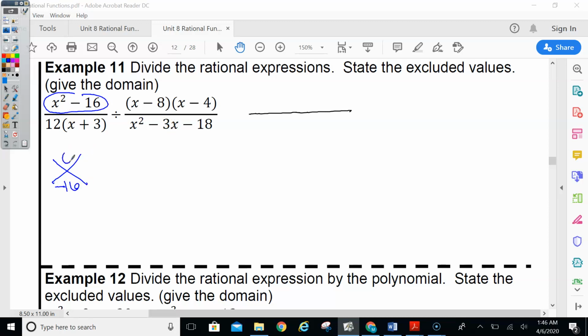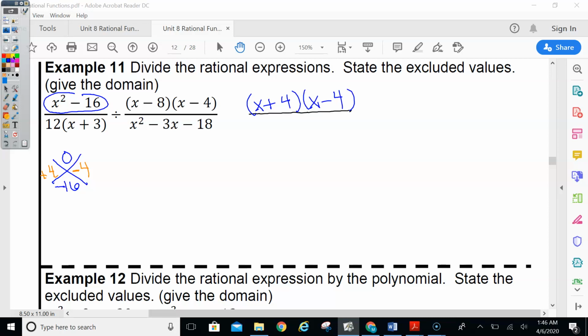That means it has to be a 0. So what are the factors of -16 that go to 0? Well, I want them to be the same, 4 and 4. Just one has to be positive, one has to be negative. So this is a difference of squares. Difference of squares always factors into plus, minus, and you just take the square root. So square root of 16 is 4 and 4.